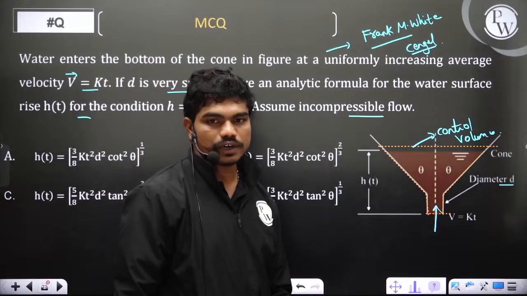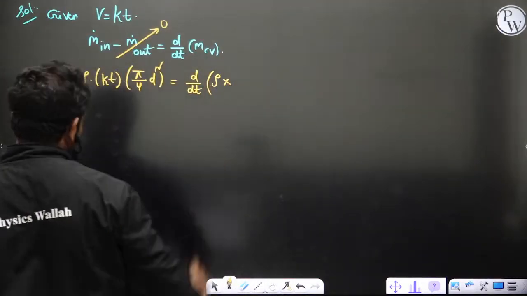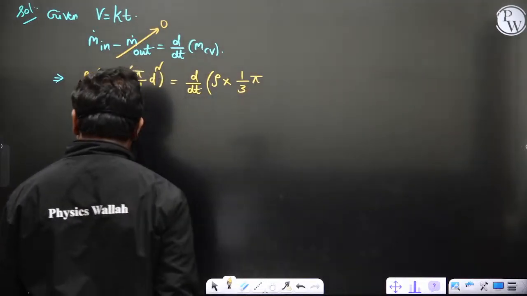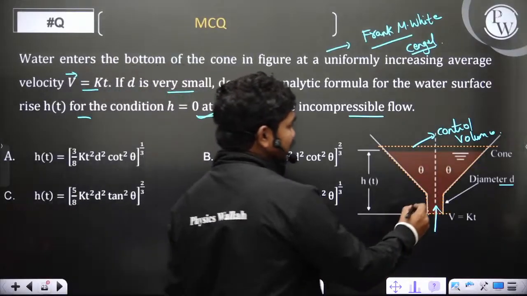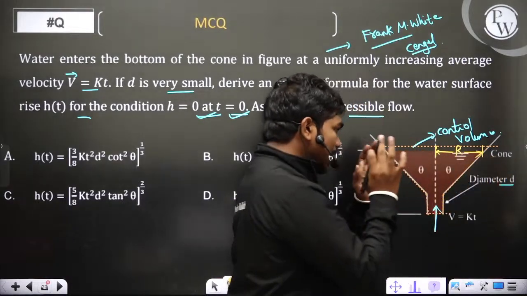So the mass of the control volume can be written as density into volume. So density into the volume of the cone, 1/3 pi r square h. Now what is this radius? Can anyone tell me what this radius is?